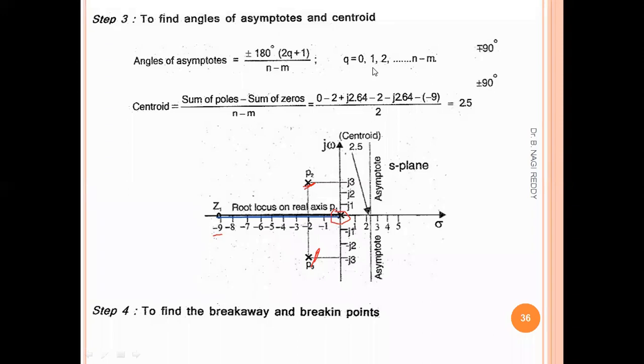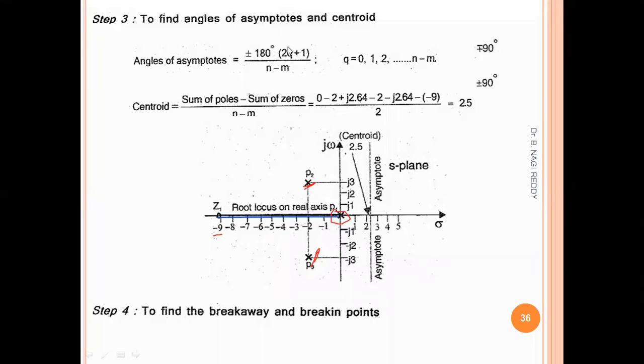Now second case, use q as 1. Substitute q as 1. So we get 2 into 1, 2 plus 1 is 3. So 3 into 180 by 2, because in the denominator it is 2. So the 2 will cancel in 180 as 90.